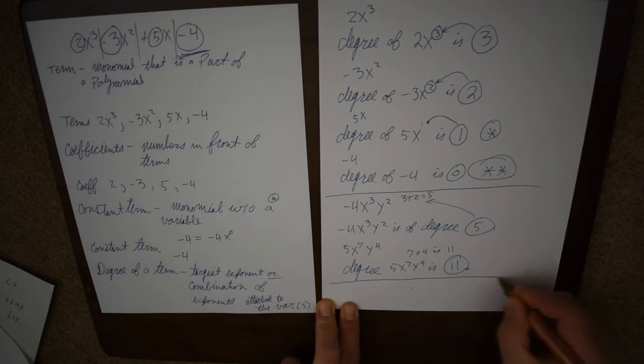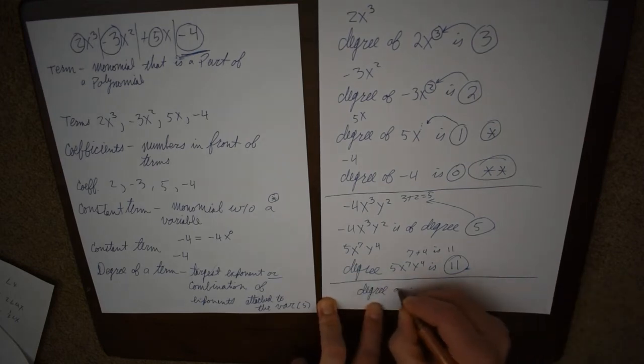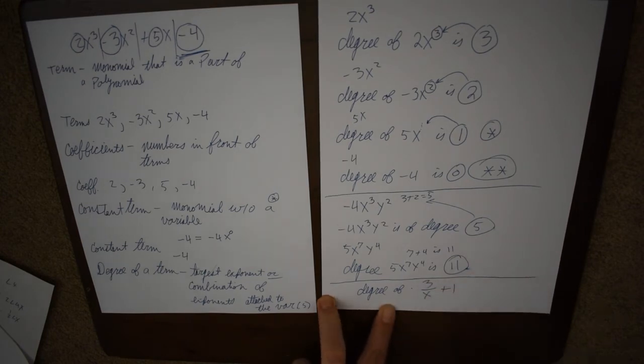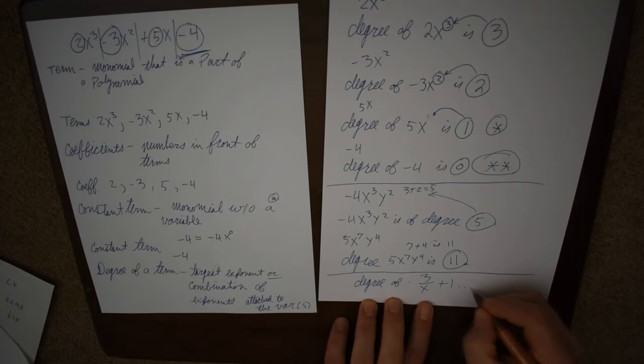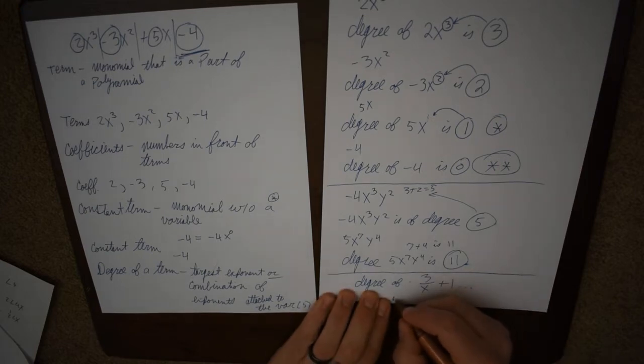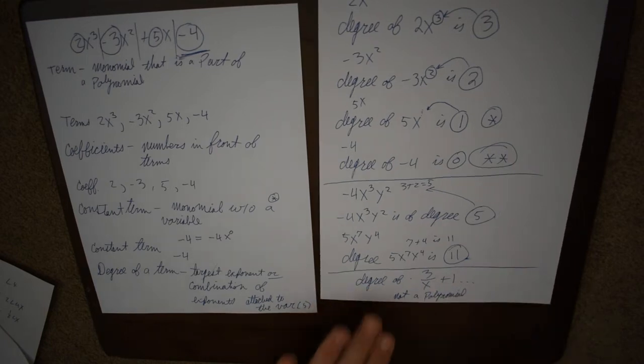Kind of a trick question, but if we ask what's the degree of 3 divided by x plus 1, well, the degree is talking about exponents on polynomials. This is not a polynomial, so it doesn't make sense to ask about its degree.